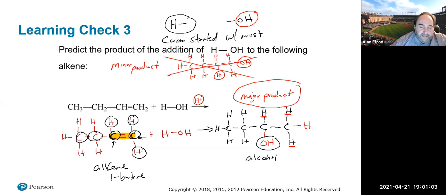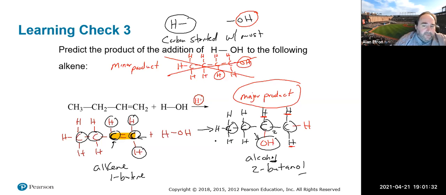The name of this guy would be, 1, 2, 3, 4 carbons, and it has an OH group. This would be known as butanol, OL, because it's an alcohol. It would actually be known as 2-butanol because of the location of the OH group. So we'll talk about that obviously next time, but an alkene, adding water to it will produce an alcohol.